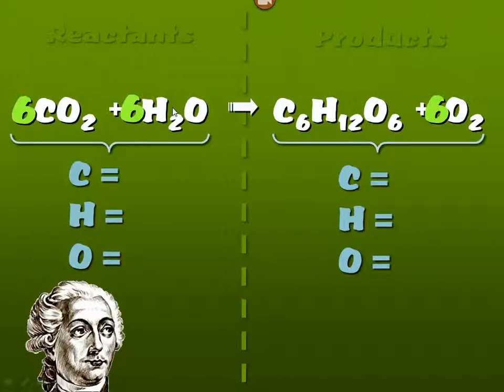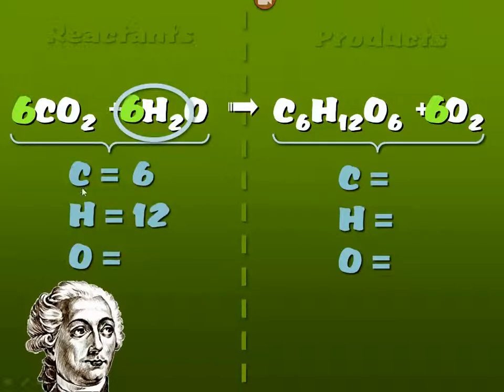All right, awesome. So here comes Lavoisier to say, let's try and balance this equation for photosynthesis. We've got our reactants over here and our products over here. So 6 carbon dioxide, 6 water. What do we have over here in terms of carbons, hydrogens, and oxygens? And we'll compare it to the right side. So 6 carbon dioxides gives you a simple answer of, well, there's 6 carbons. Hydrogens, you've got 6 sets of 2 hydrogens, so that would be 12 hydrogens.